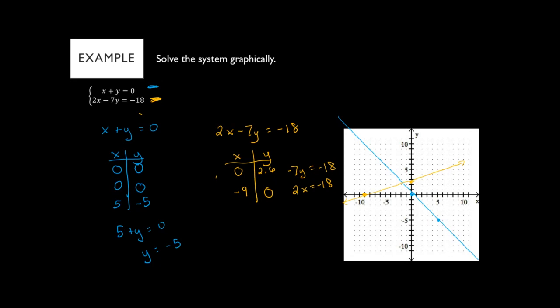So you can see where it crosses, it's not actually on our grid, which is going to make it a little more difficult to estimate where that is. So if it looks like it's between -1 and -2, so maybe like -1.9 on the x. And on the y, it's a little bit bigger than 2, so maybe 2.1.